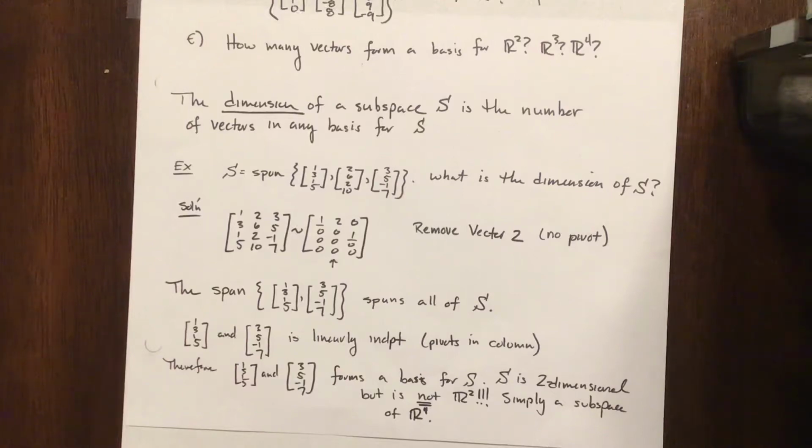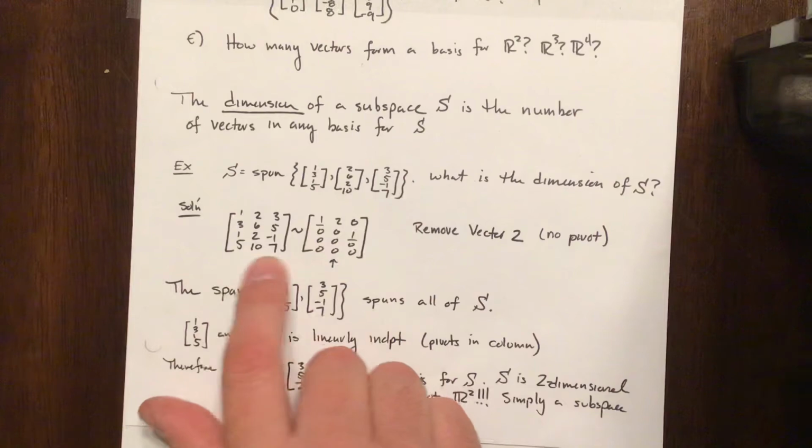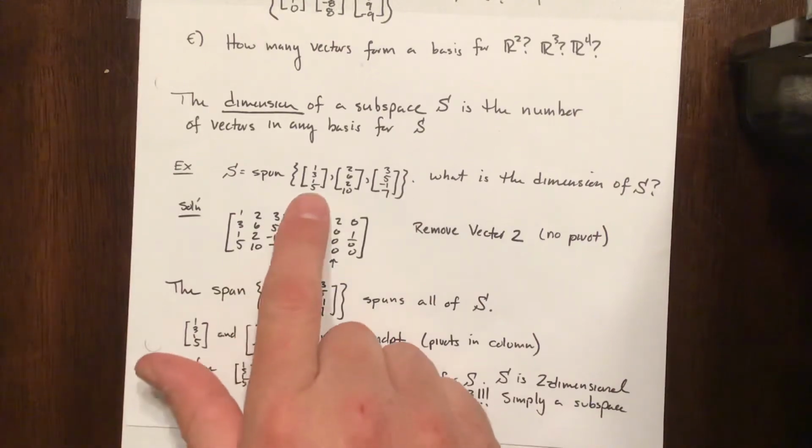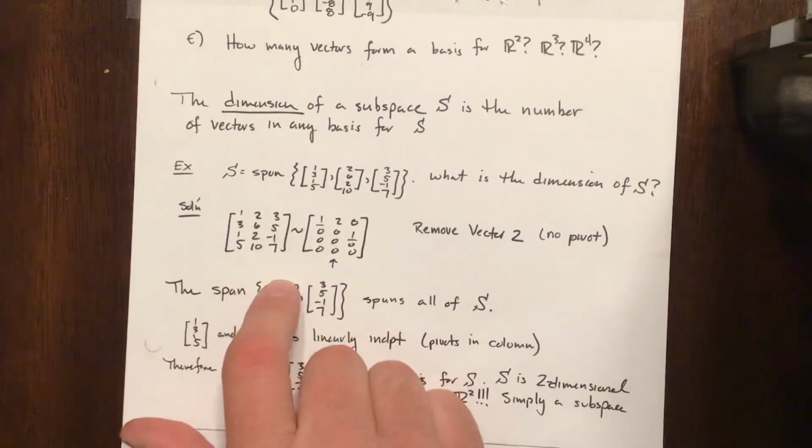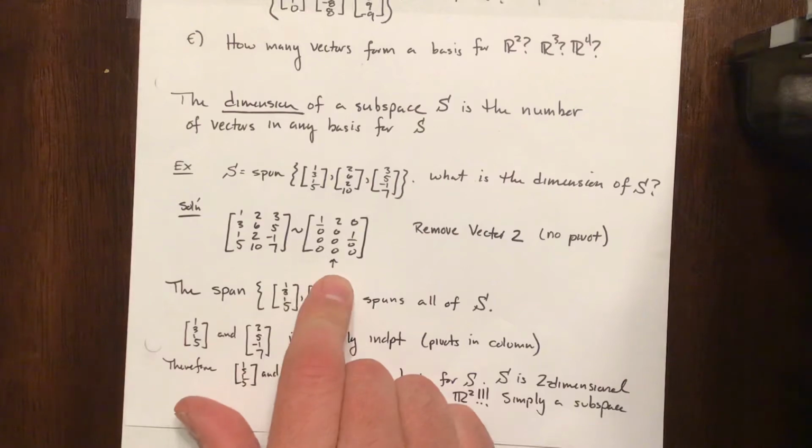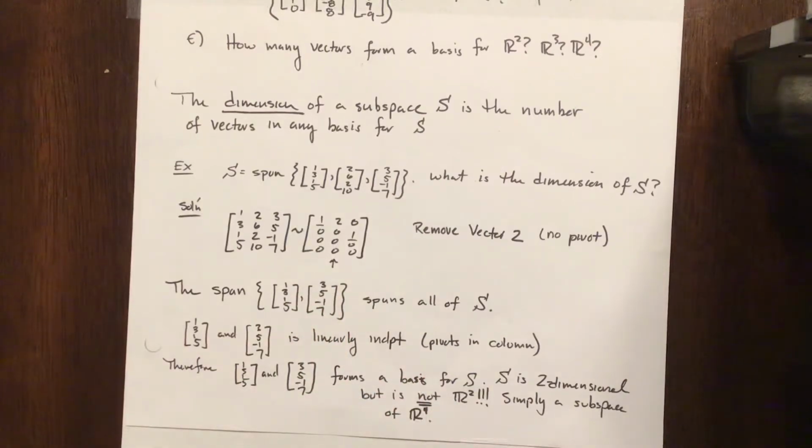Okay, so here's what you do. Take these vectors, form a matrix. Let each vector represent a column in our matrix. Row reduce this. What you see here is this matrix row reduces to 1, 2, 0, 0, 0, 1, and zeros thereafter.